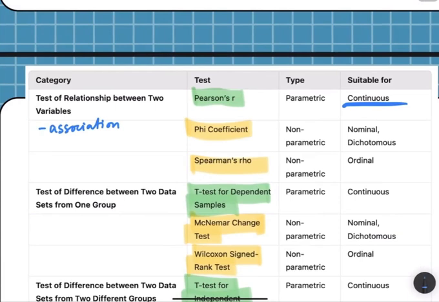We use your phi coefficient on the other hand if it's nominal or dichotomous. Dichotomous meaning only two, like yes or no, or present or absent, in a non-parametric approach. Spearman's rho, on the other hand, is a non-parametric test suitable for ordinal variables and measures the rank order correlation.